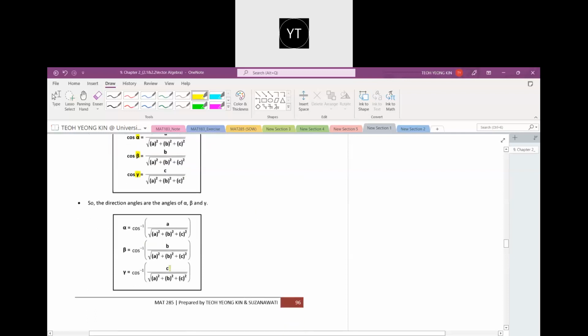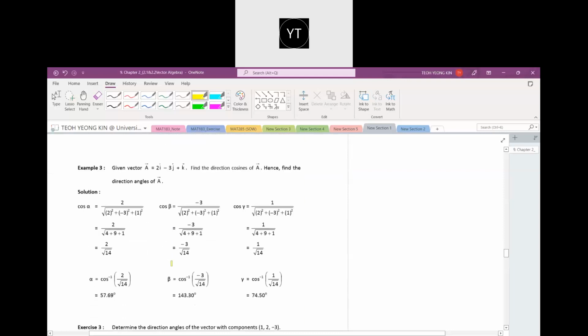For example, you can refer to this: let's say given vector A is 2i minus 3j plus k. Find the direction cosine of A. So how are we going to find it?